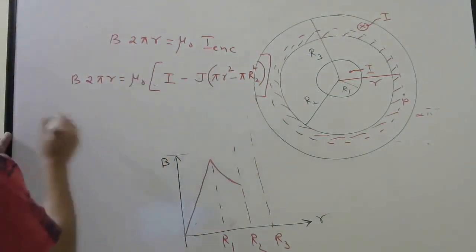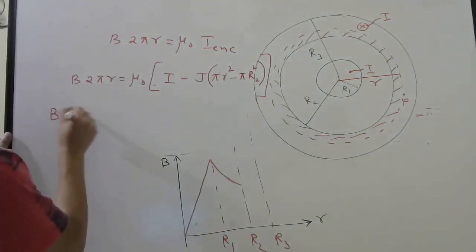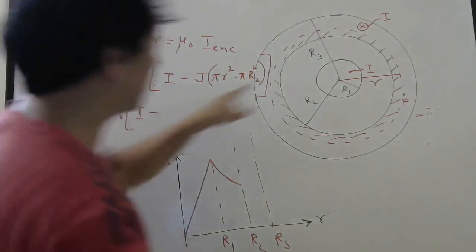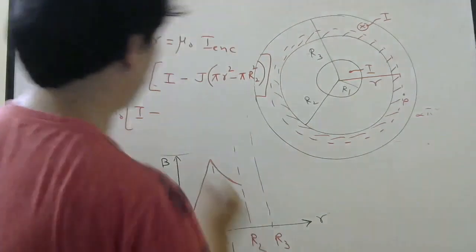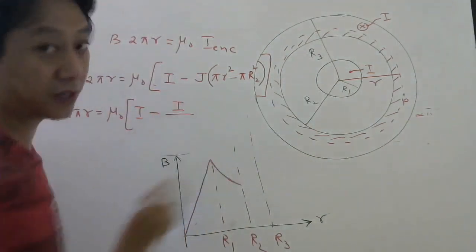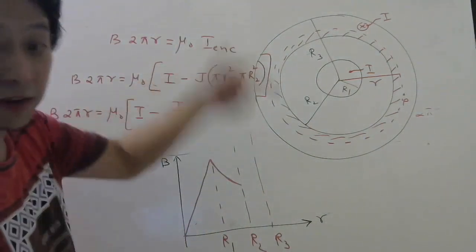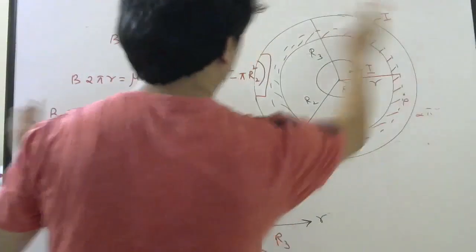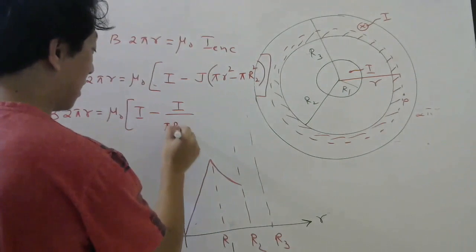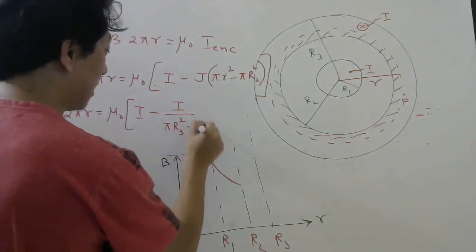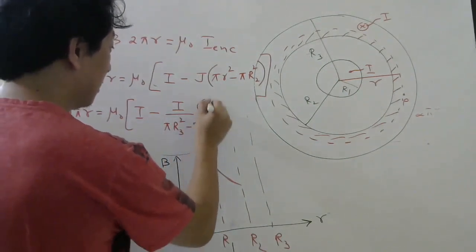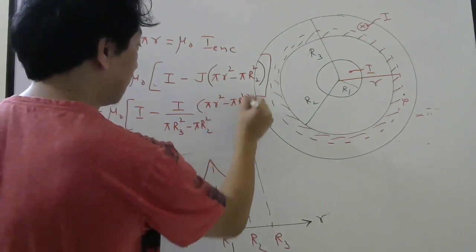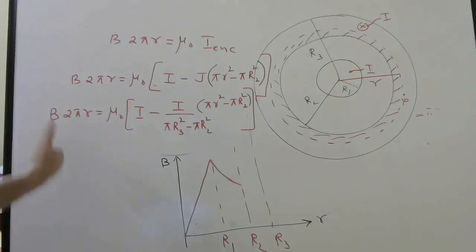Now what will be J? Remember, J is now for the outer conductor. So J will be the total current, capital I, divided by the total area of the outer conductor, which is pi R3 squared minus pi R2 squared. So this is how the magnetic field will vary, with the factor pi r squared minus pi R2 squared.